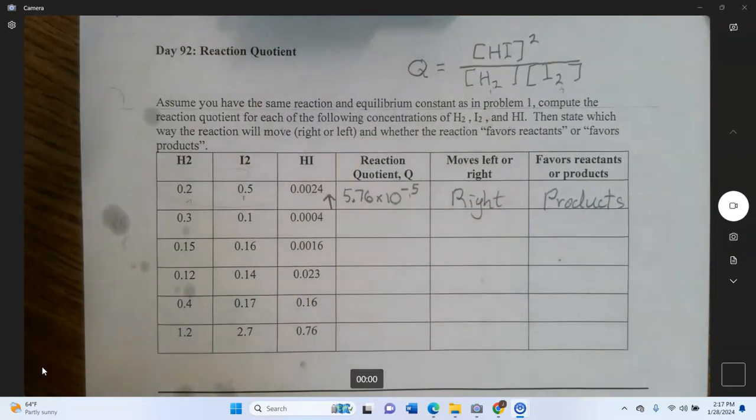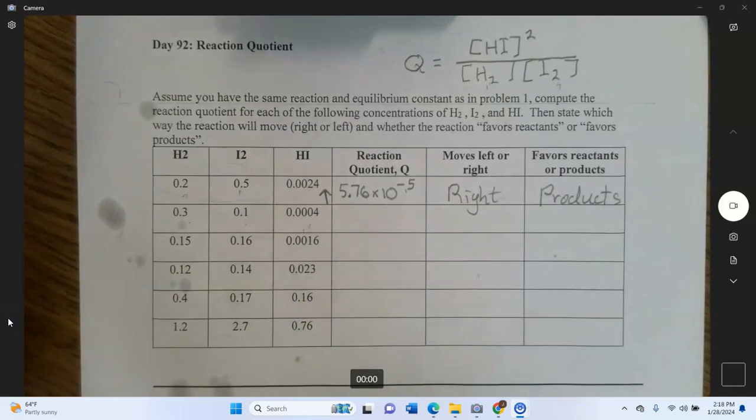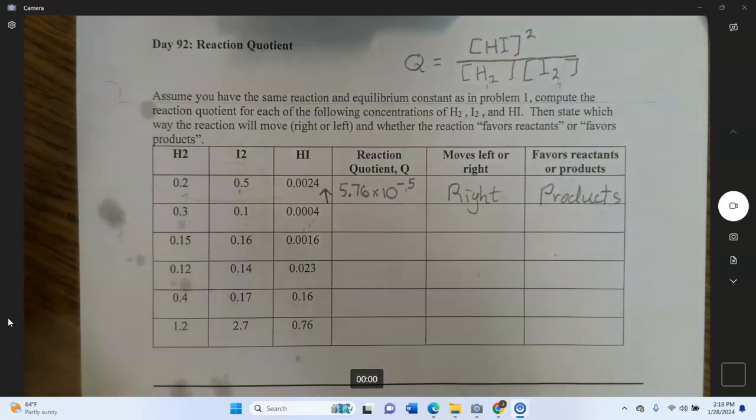Okay, I'll do one more of these. You can do the rest. All right. Okay, next up, now we have these concentrations right here. So we're going to square this one, 0.0004. We're going to divide that by 0.3 and divide that by 0.1. And that gives us 5.33 times 10 to the minus 6.